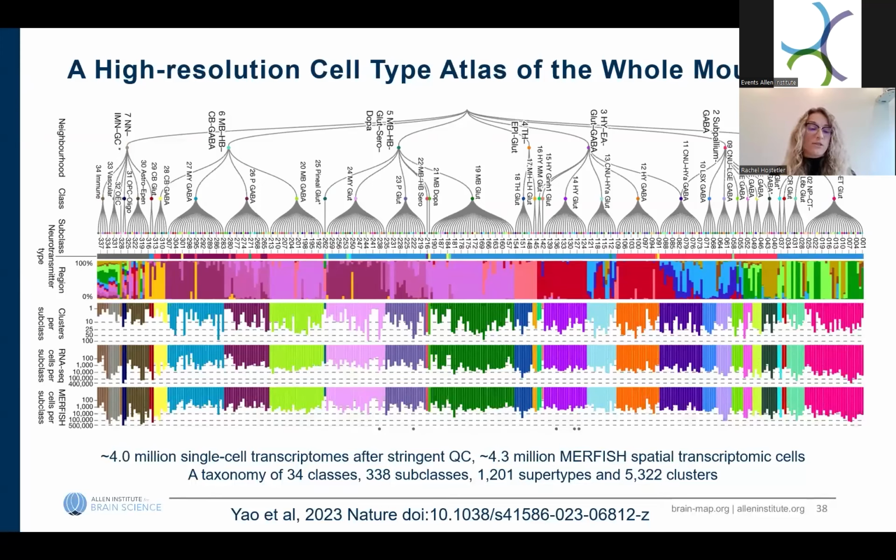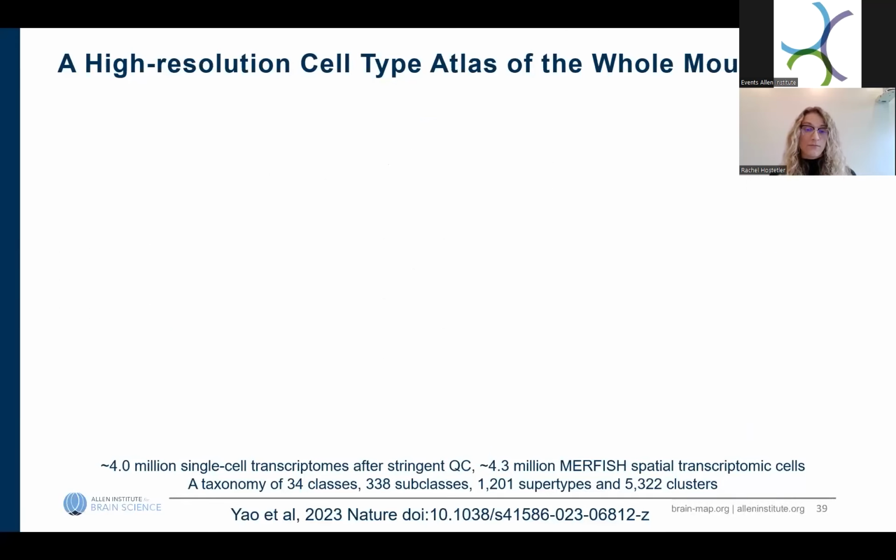Overall, this represents a whole brain taxonomy containing 4 million single cells that had their transcriptomes profiled, over 4 million cells specifically used for spatial transcriptomics. And overall, this resulted in creating a whole brain taxonomy, which contains 34 classes, 338 subclasses, over 1,200 supertypes, and over 5,000 individual cell clusters.